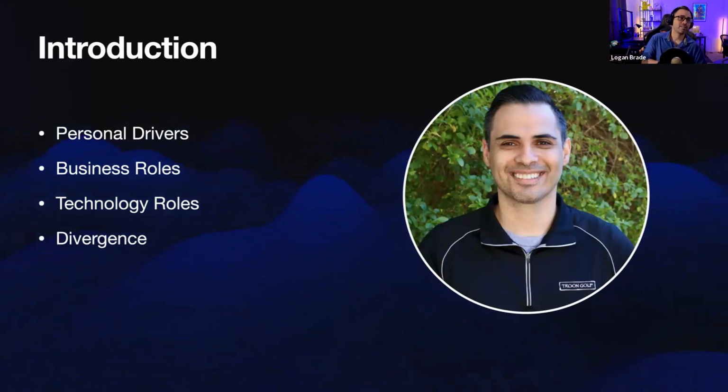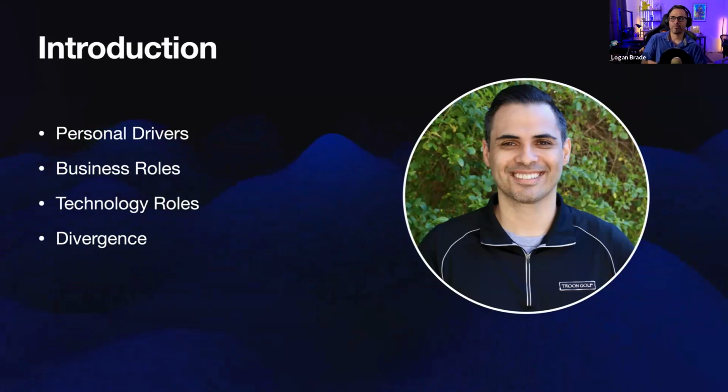As far as technology roles go, I've held a wide variety of technology roles, sometimes in parallel with some of the business roles. I started off my career as a DevOps engineer, working in big systems for Fortune 500 companies. And I've worked my way all the way up to being a director of information technology and application development, actually defining mobile app development strategies for teams.